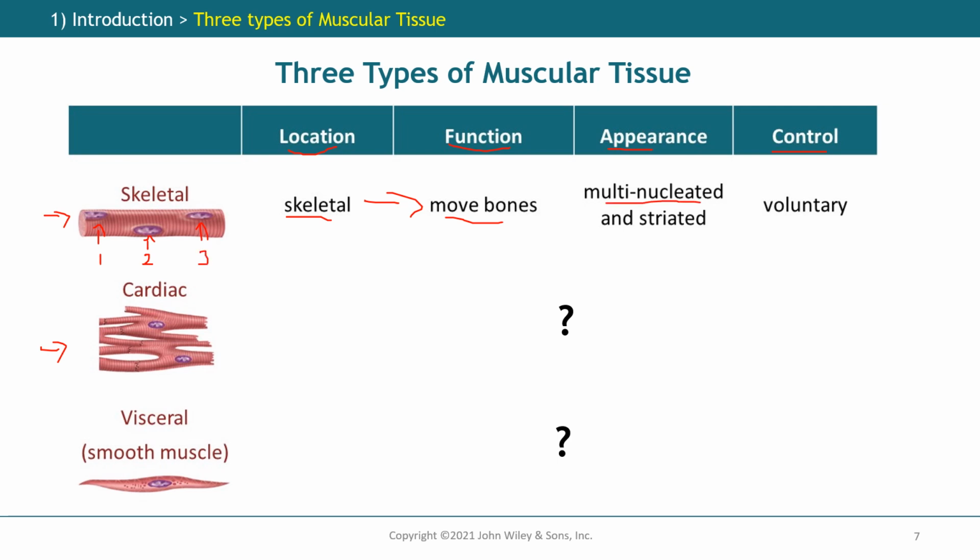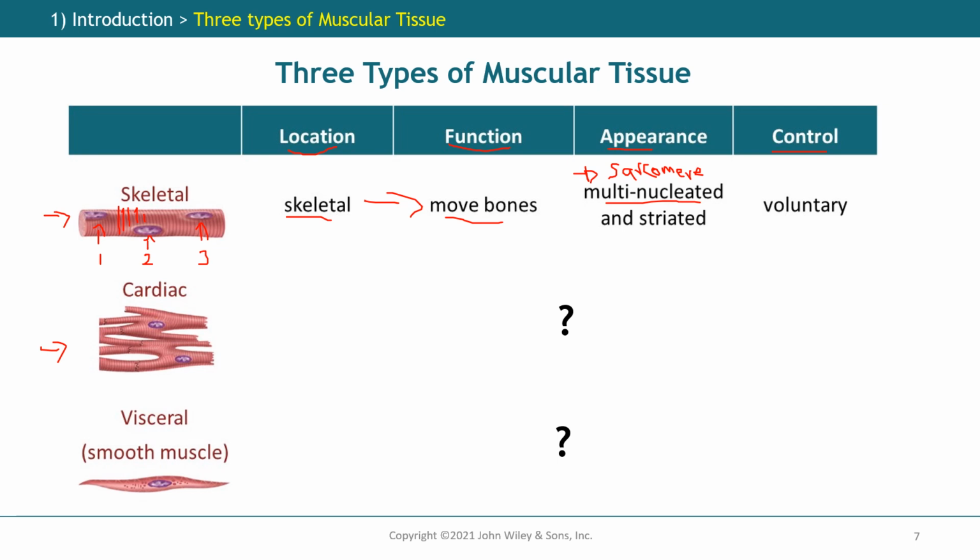In addition, you see that you have lines, so it's striated. And each one of those lines is called sarcomere. That is the unit for muscle construction. And we will talk about sarcomeres a lot later, so write that name, it's very important.